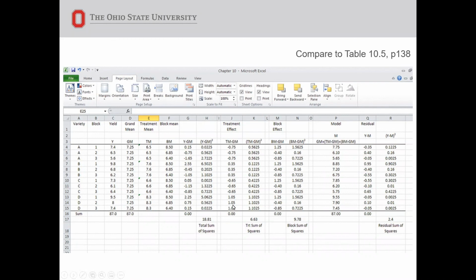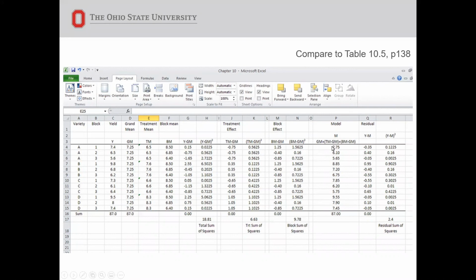We get these individual deviations. We would square those, and the sum of the squared treatment deviations, 6.63, we would term the treatment sum of squares. Likewise for the blocks, the block sum of squares. We can see here that the cumulative total for the block deviations is 0. The cumulative total for the treatment deviations likewise is 0.